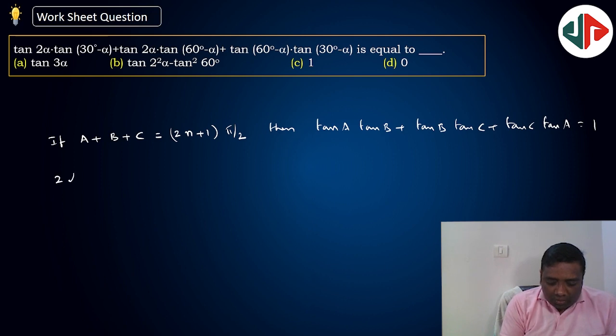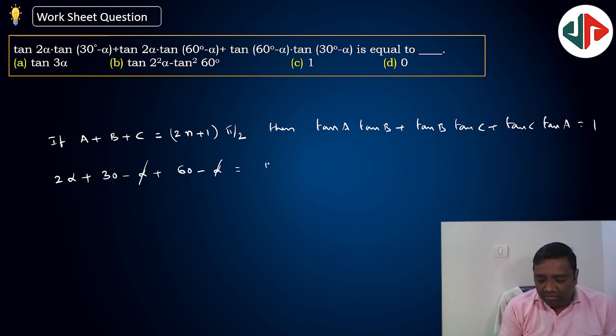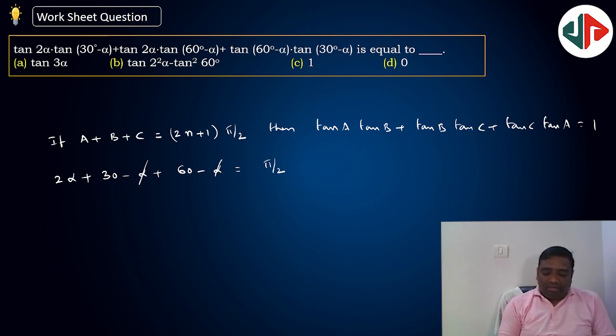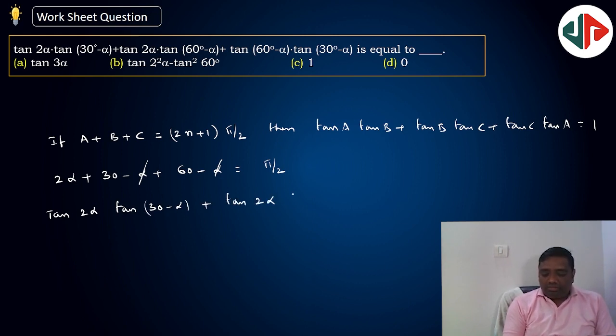Using that, here 2 alpha plus 30 minus alpha plus 60 minus alpha is always equal to what is the value? 90 only, no? Yes, 90. So by using that formula we can rewrite as tan 2 alpha into tan 30 minus alpha plus tan 2 alpha into tan 60 minus alpha plus tan 30 minus alpha tan 60 minus alpha is always equal to 1.